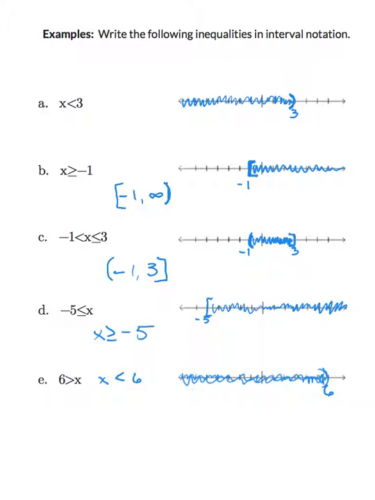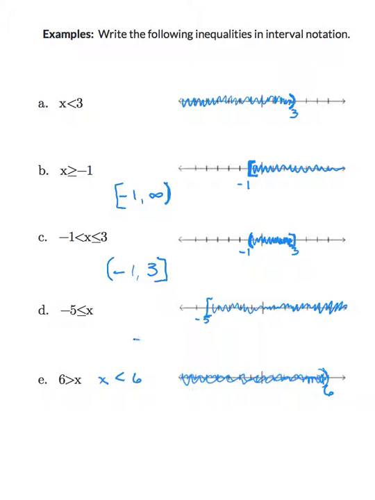So now let's go down to example D. We have -5 is less than or equal to x. If we look at our graph, what is our leftmost value?